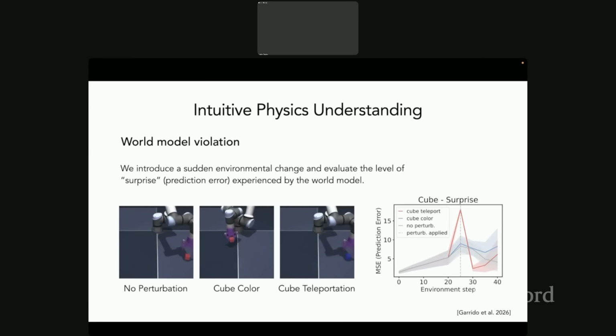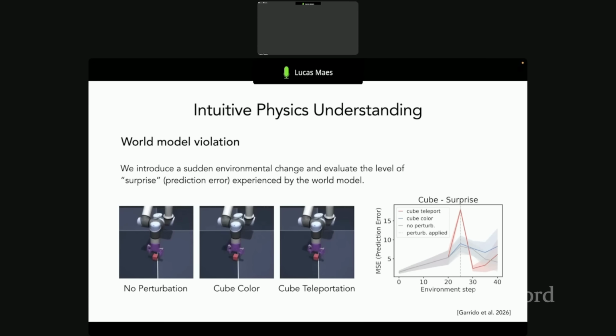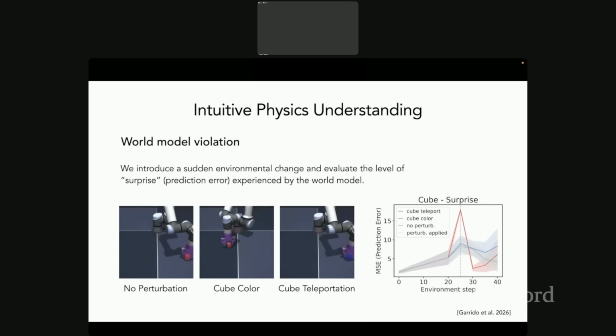On the left, we have a normal trajectory where your robotic arm picks up the cube and moves it to the right, for instance. Nothing happened. Then we consider two perturbations. We change the color of the cube suddenly at a given frame, this is the one on the right. And another transformation we did is that suddenly, the cube teleports, this is the one in the middle.